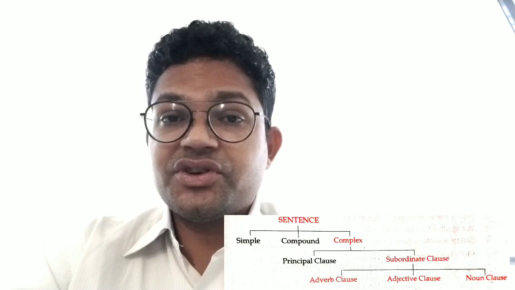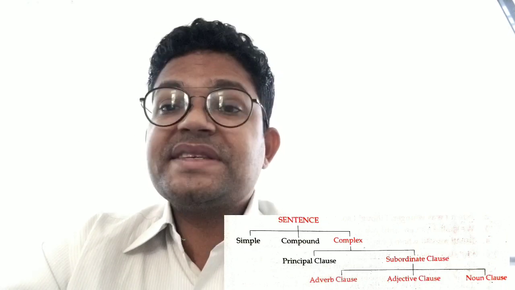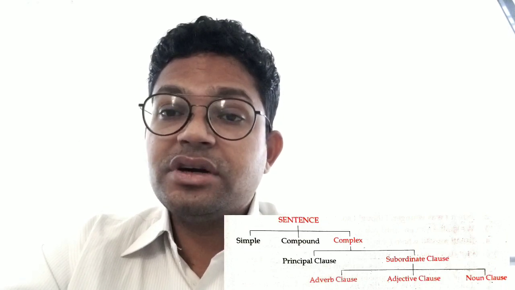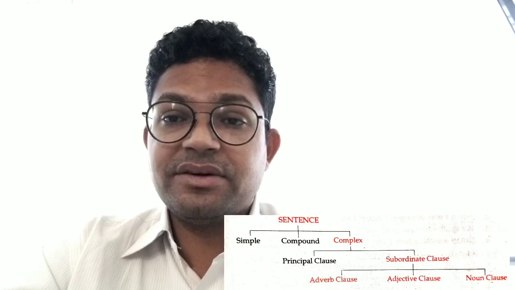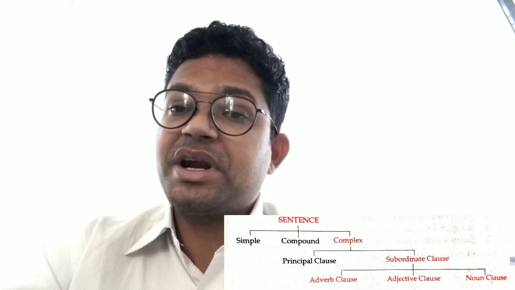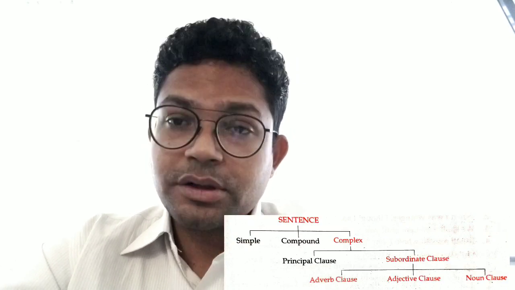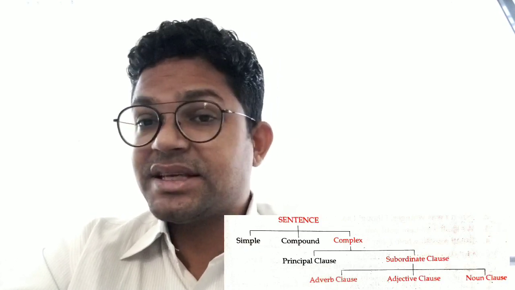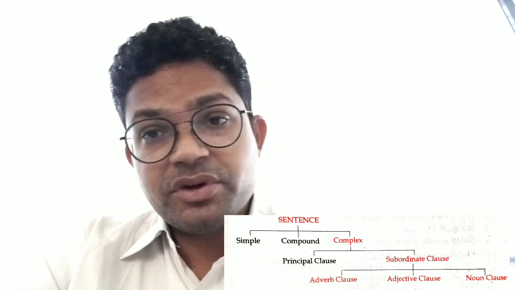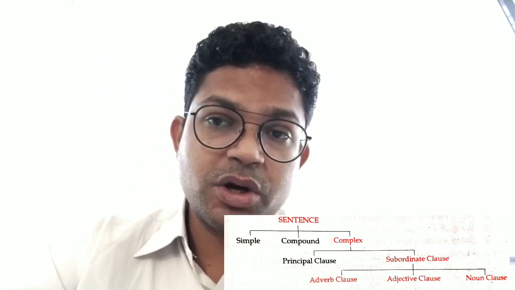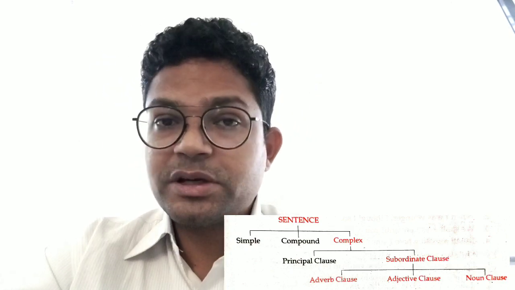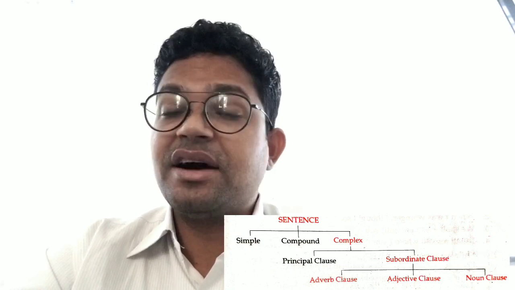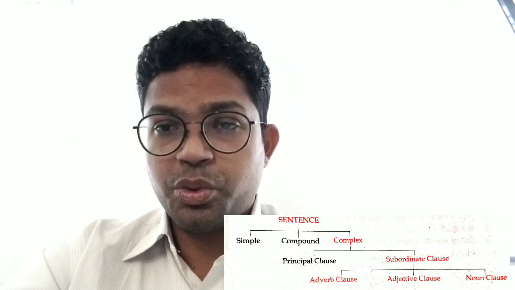When you see these conjunctions, it means the clause immediately after the conjunction word is our subordinate clause. Remember, I repeat once again, the clause which is immediately after the conjunction word is our subordinate clause. So now you know how to identify the main clause and subordinate clause.